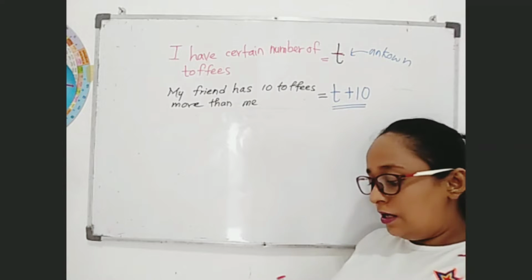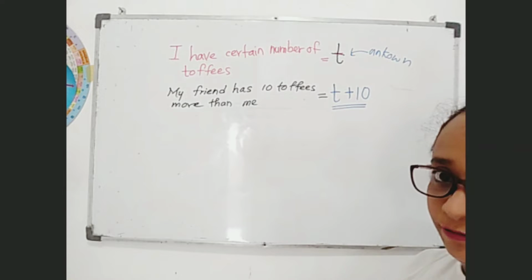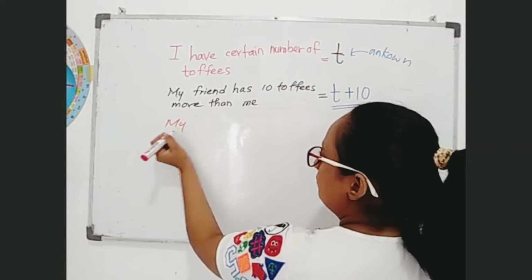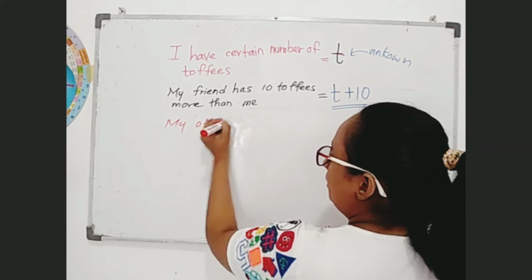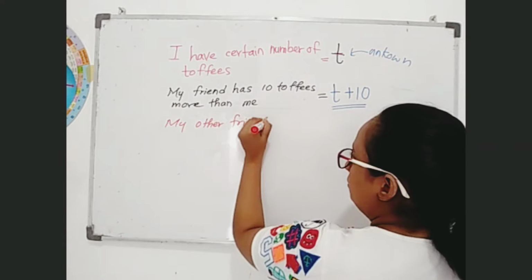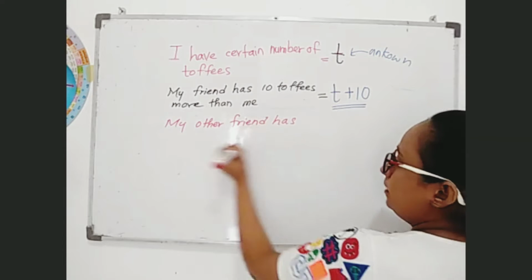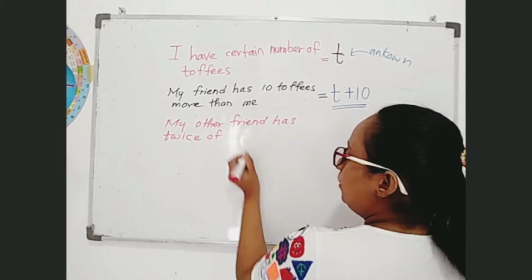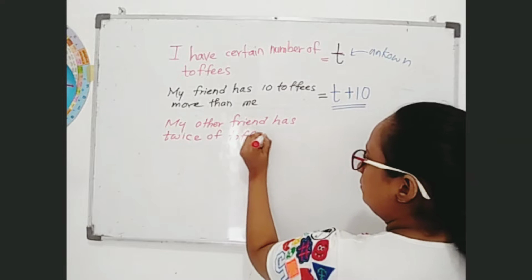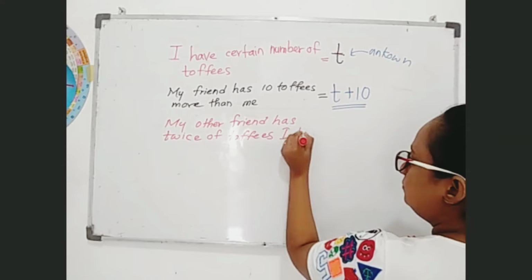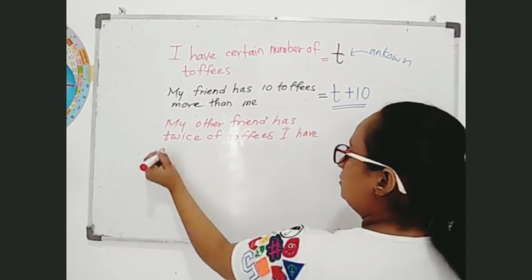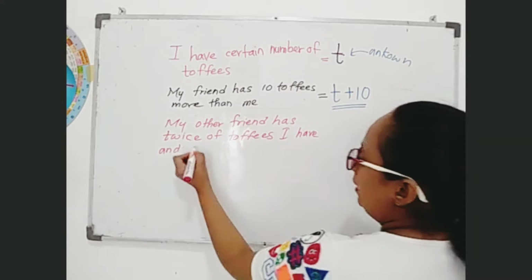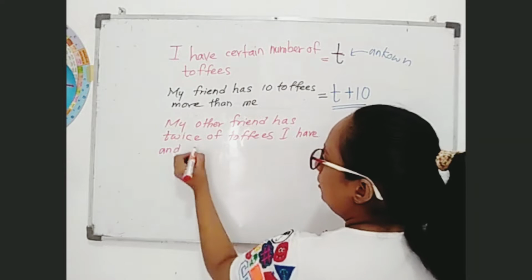Right? Let's say I have another friend. My other friend has twice of the toffees I have, and 2 more.